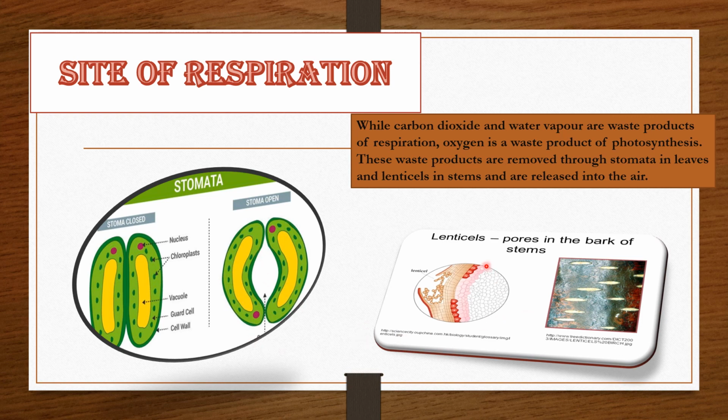And see this diagram here, lenticels, pores in the bark of stems. Portion of lenticels has been given over here. You can see. So these two are the sites of respiration of plants.